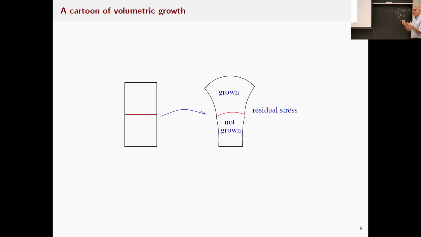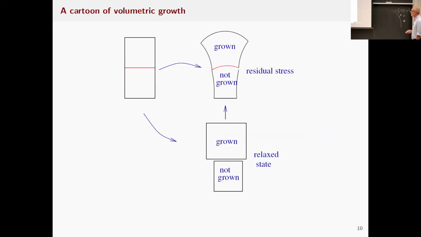If you have growth in a portion of your material and no growth in some other portion, it's most convenient to take as a relaxed state a reference configuration which possibly involves that there is no continuity in the material, which is possibly not intact. So it's a long story. I won't go into details.